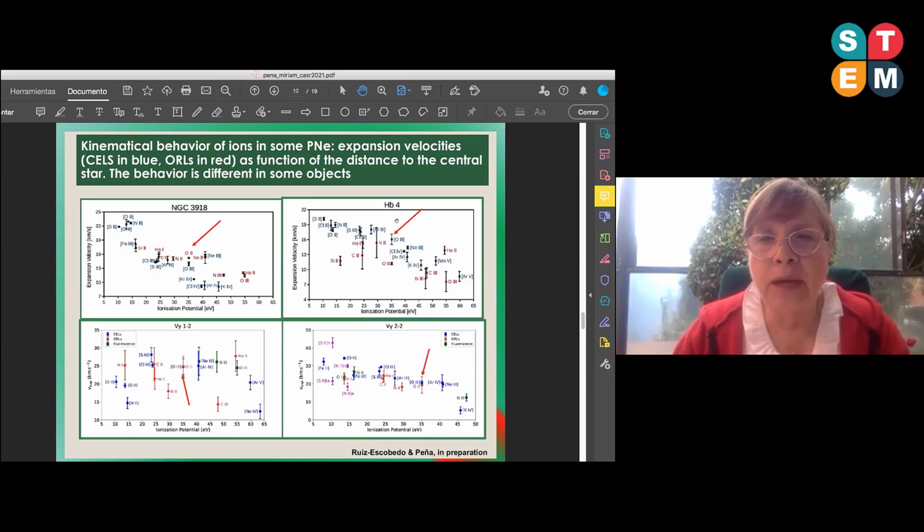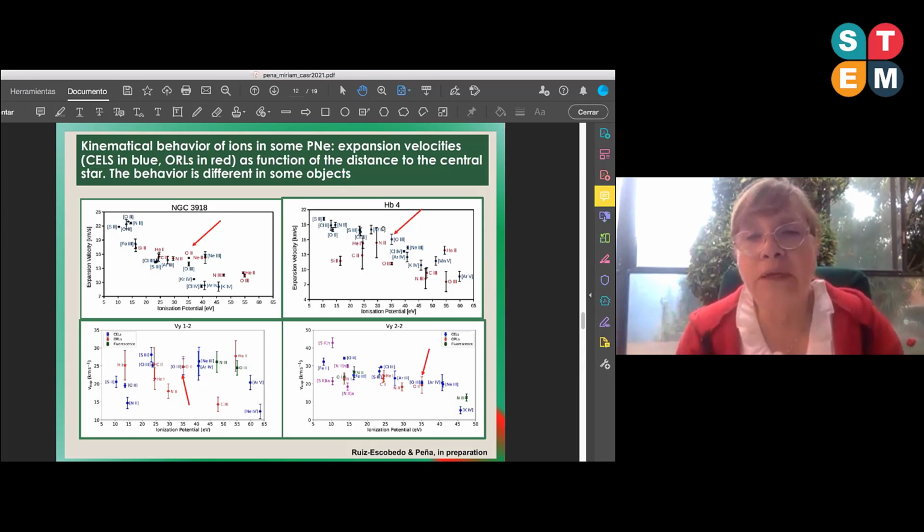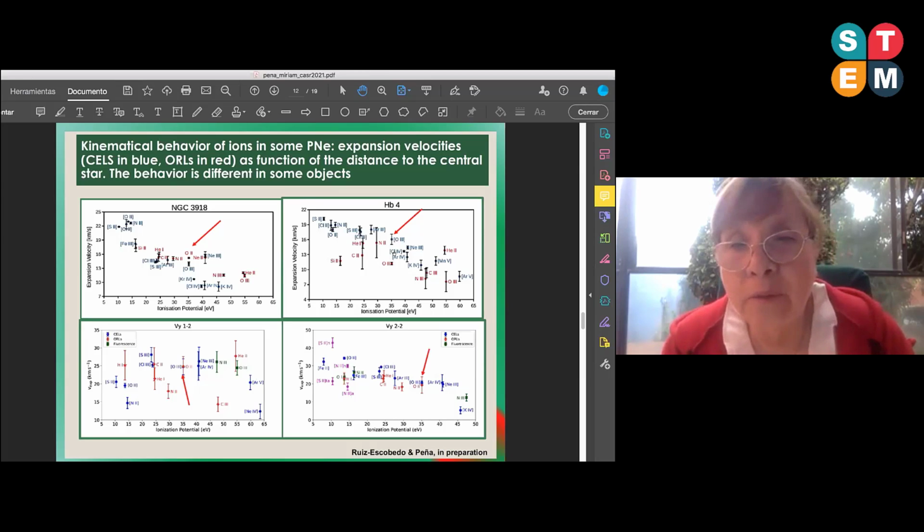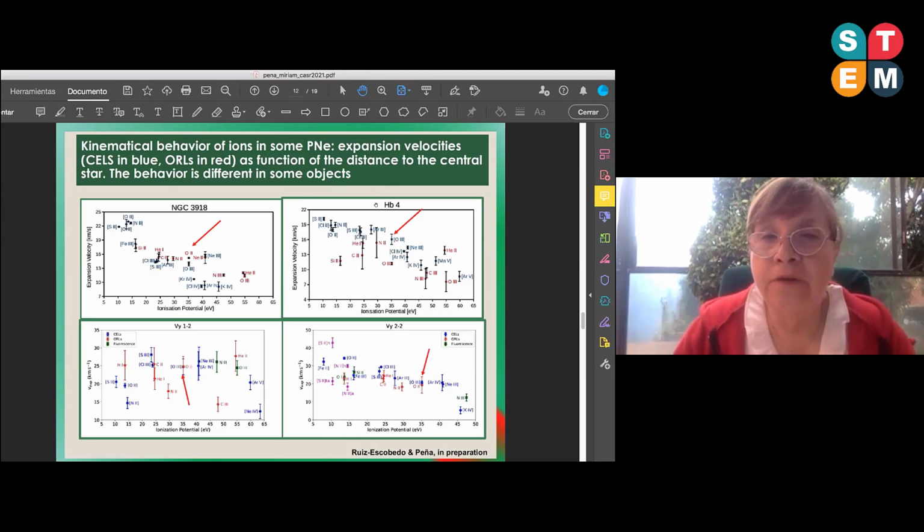What I'm showing here with the arrows is the behavior, or the kinematics, of O+2, as derived in blue from collisionally excited lines and in red from optical recombination lines. In the case of HB4, there is a huge difference in the velocity as derived from the collisionally excited lines and the optical recombination lines, and it is the same ion, okay?